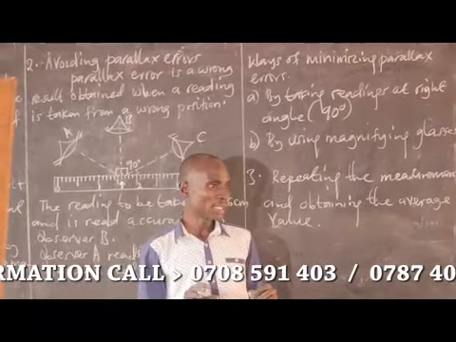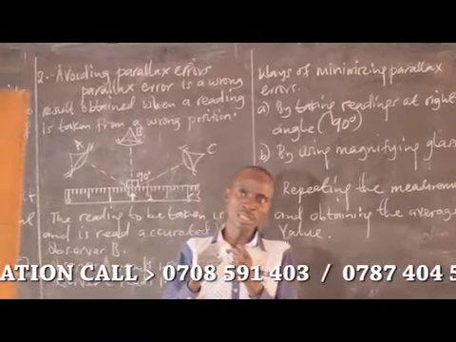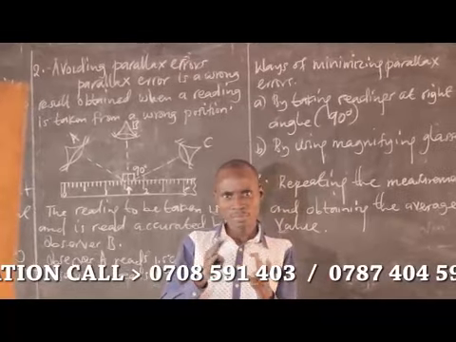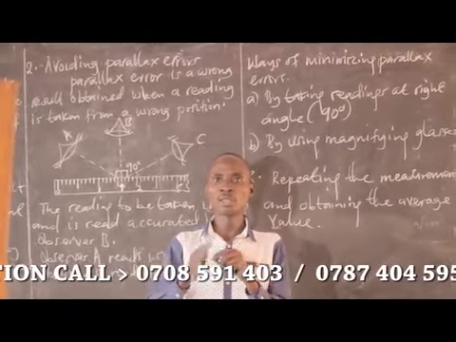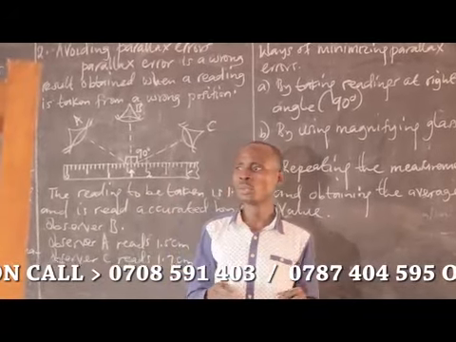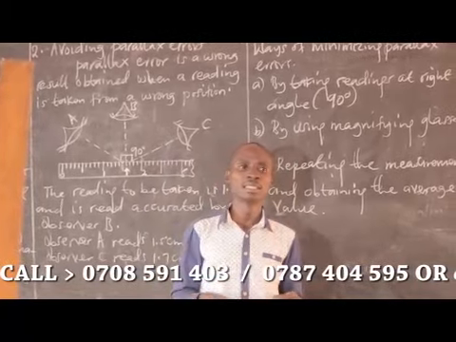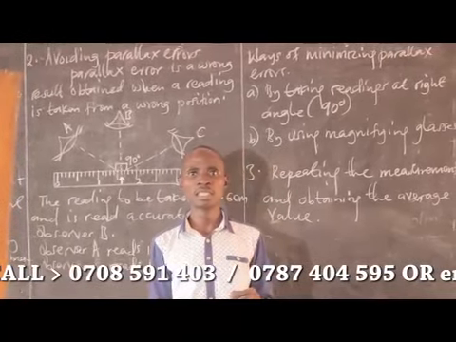Or if by taking measurements, you see that there are some which are close together, and the other one is far away, you ignore the one which is far away from the rest. Maybe the first one is 10.2. You have first measured and you are getting 10.2, then 10.4, then 10.3, then 10.1 centimeters.